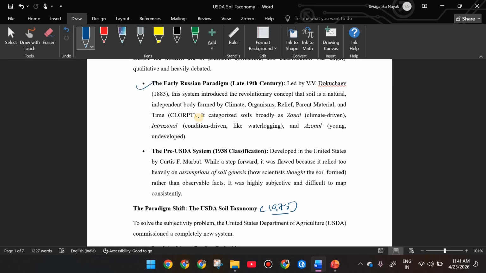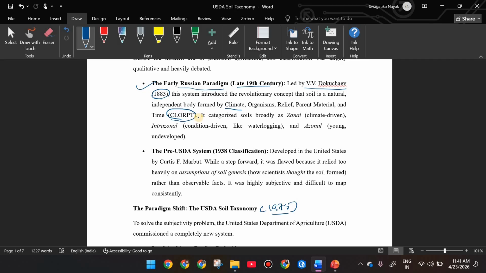First, the early Russian paradigm. In the late 19th century, in 1883, Dokuchaev gave a soil classification on the basis of the concept CLORPT. What is CLORPT?